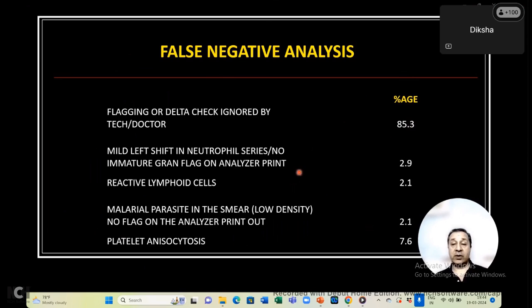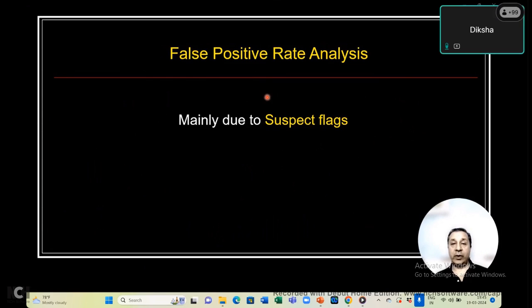Of course, we also had mild shift, which was ignored, some reactive lymphoid cells, which again was ignored, some platelet anisocytosis, etc. All these were the causes for false negative results. And the false positive rate in our case was primarily due to suspect flags. Obviously that meant that we needed to realign the flagging thresholds which we had set up in our analyzer.